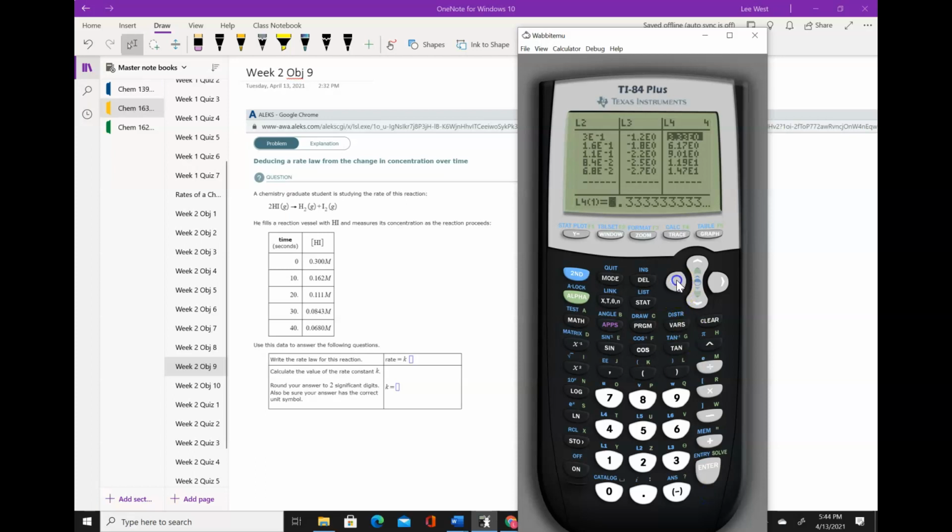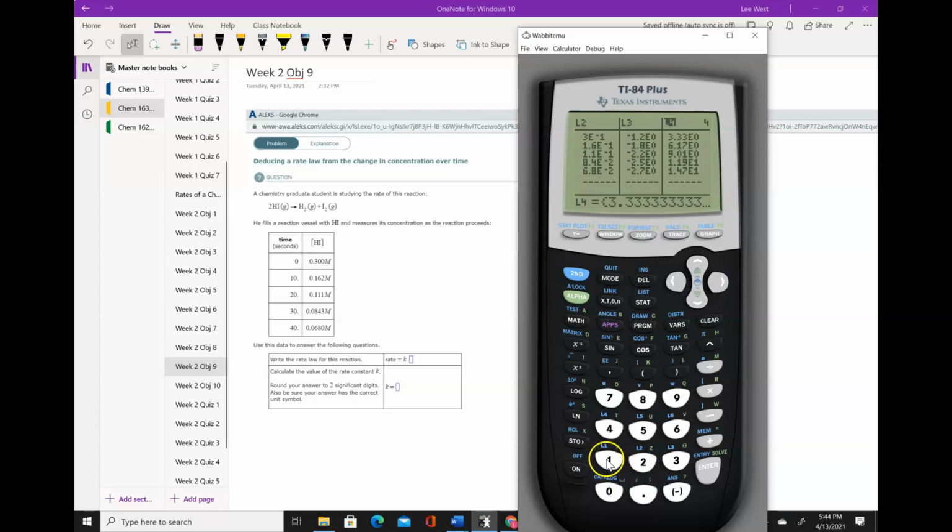So there we go. In list 1, what I've got are my times. In list 2, I've got my concentrations. In list 3, I have the natural logarithm of the concentration, and in list 4, I have 1 on the concentration.